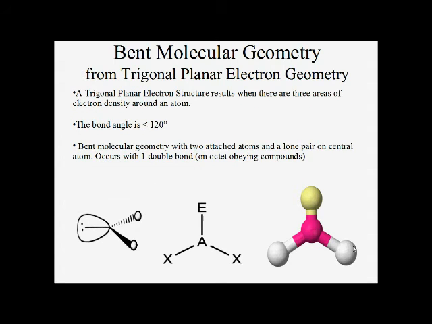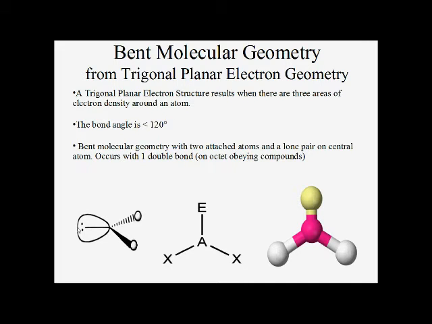If we have 3 areas of electron density, what we just said, trigonal planar electron geometry, but one of those areas is a lone pair and 2 of the areas are atoms. So we have 3 areas, so the 3 areas would be trigonal planar electron geometry, bond angle of 120 degrees.